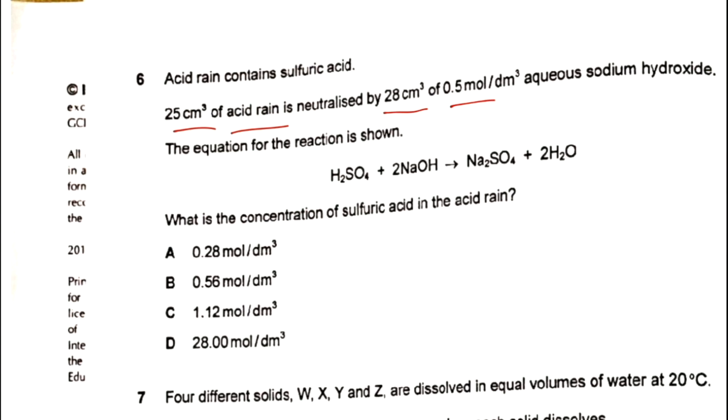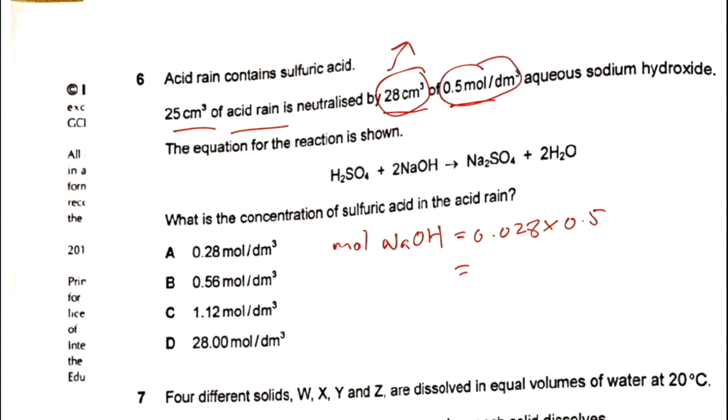Now, first we find the mole of sodium hydroxide. Mole equals 0.028 times 0.5. How come? Because we had 28 cm cube of 0.5 mole per dm cube. First, I need to convert this to dm cube.